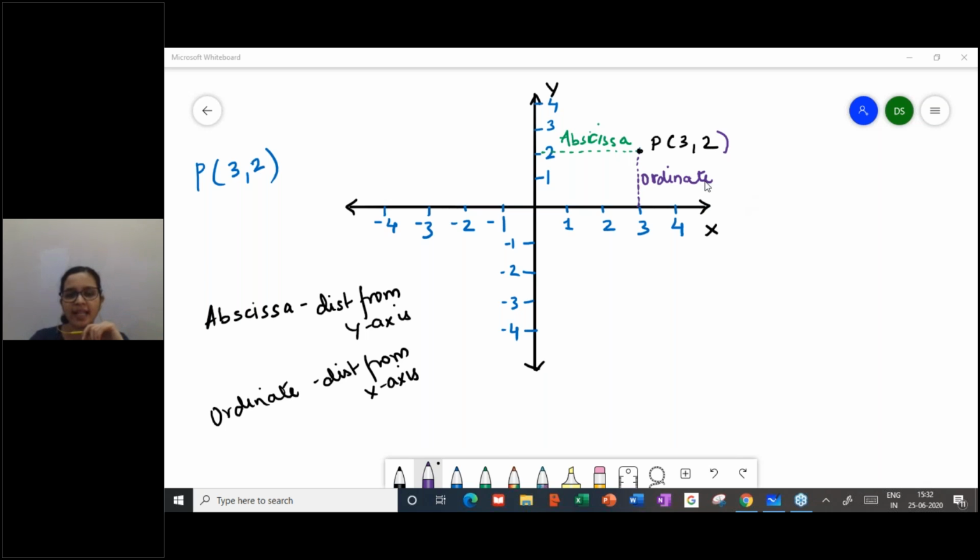Okay, once again, I'll repeat my question. I'm asking you, from this line here, which is nothing but the y-axis, what is the distance of this point? So it is going to be nothing but this green dotted line which I have made here, right? So how much is the length of this line? In simple terms, length of the line.